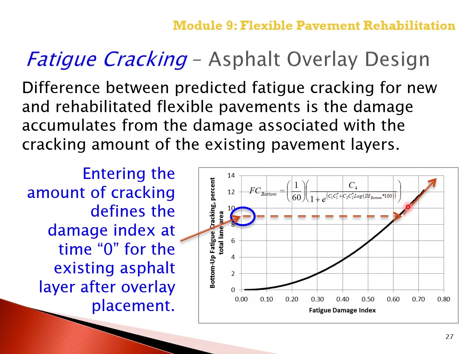And then as additional truckloads are applied to the flexible pavement, that damage continues to accumulate relative to the calibration relationship, and additional bottom-up fatigue cracks are predicted for the existing asphalt layers.